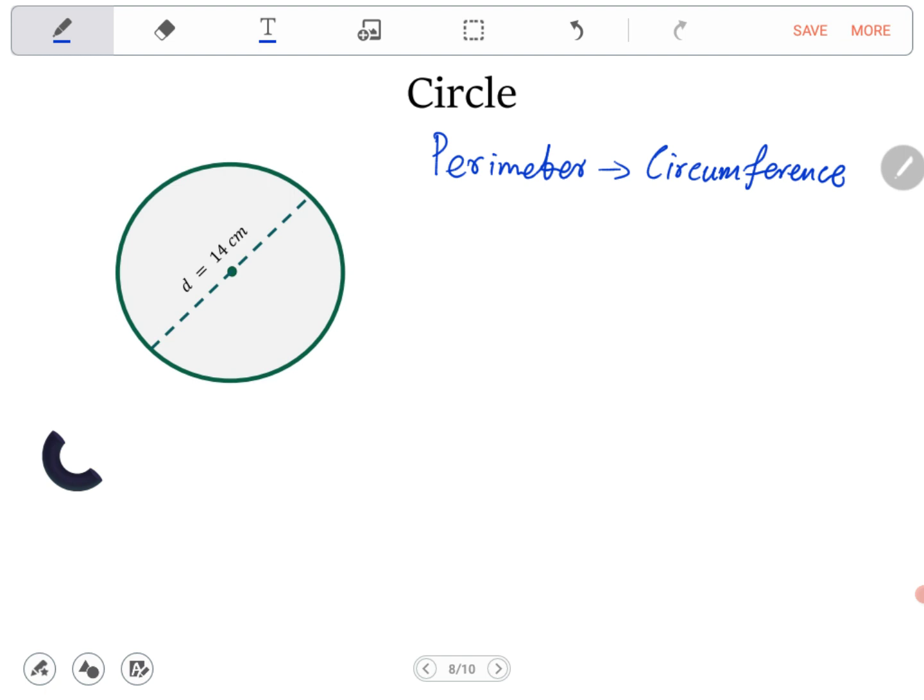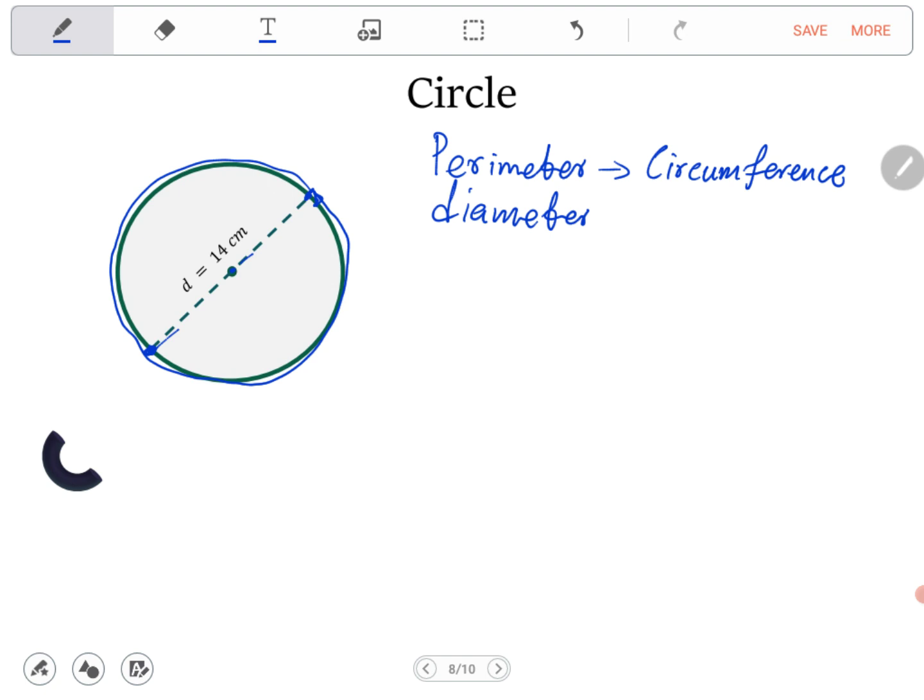Circumference is basically the distance going all around the circle. Now another part that we need to look at is the diameter. The diameter is the distance from one side of the circumference through the center of the circle to the other part of the circumference.